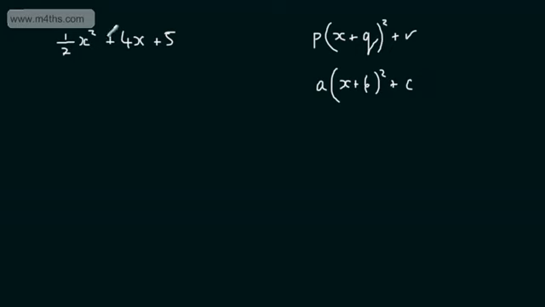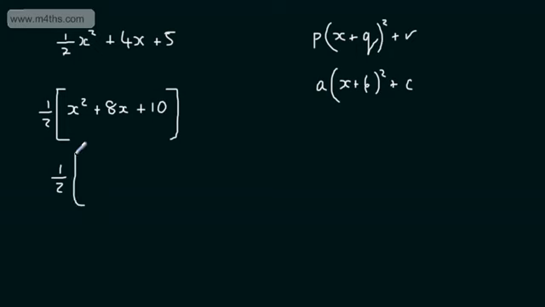So can't yet complete the square, so we're going to take this out. So let's take out the 1/2. That's going to leave me x squared plus 8x plus 10. So just check that we've got that right. If we've taken half out, I need to double this term and double this term. So we're going to have half, and then we'll have now x plus 4. I'm taking half the coefficient.